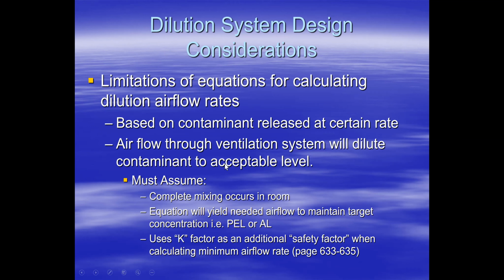Part of those assumptions that go into those calculations is I have to have complete mixing in the room. If I don't get complete mixing in the room, I have to adjust for that by adding more air to ensure that that unmixed air gets down to a level where it's safe before it gets to the breathing zone of my worker.